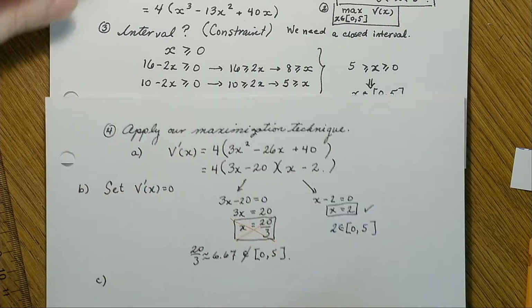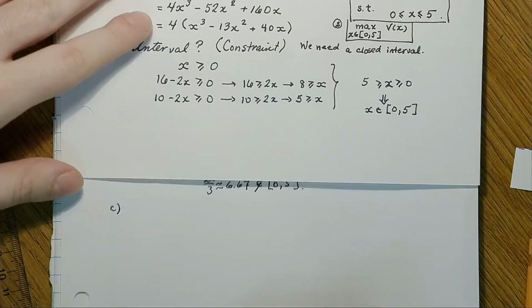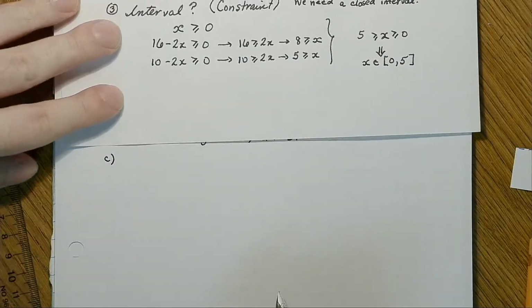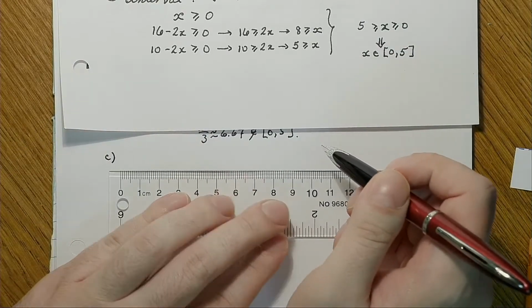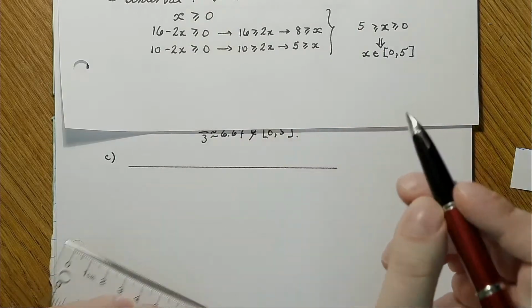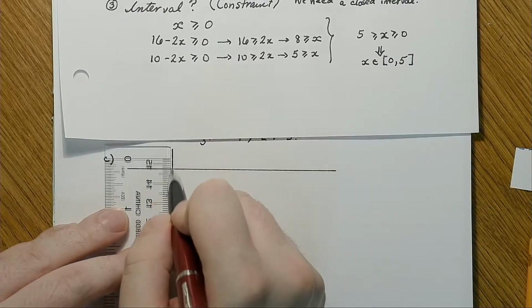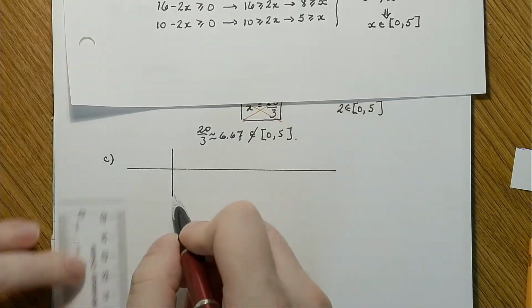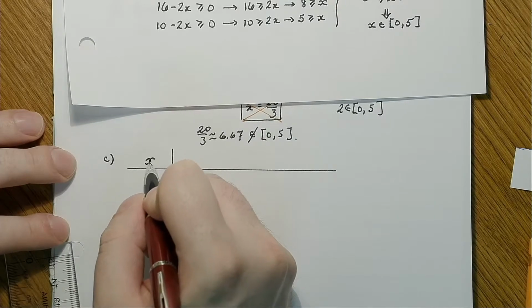So now we can go to C. I'm going to make a table of values. So here's x.